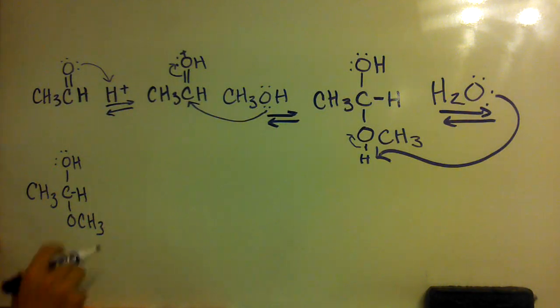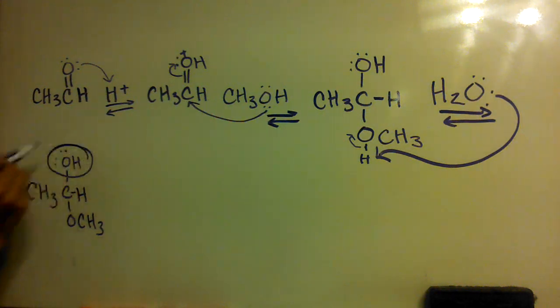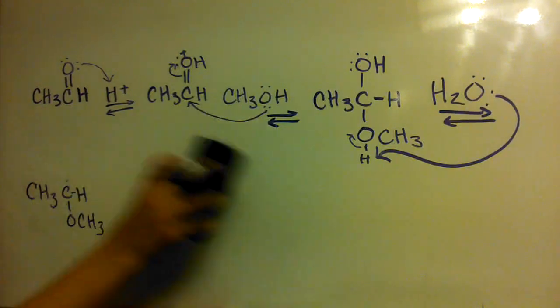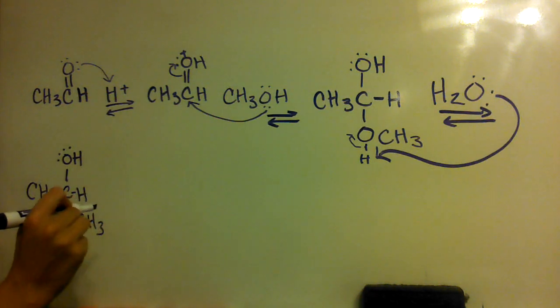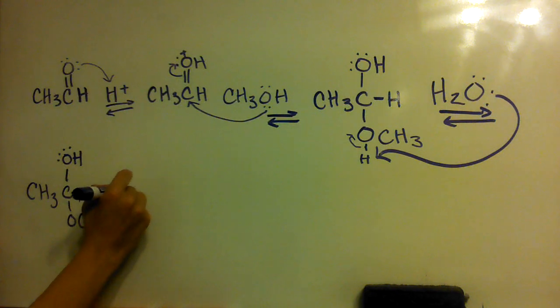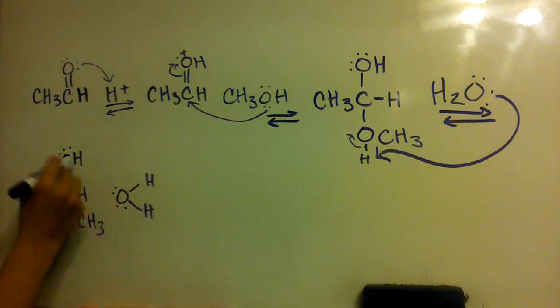So in order to do that, we need this OH group here to leave. This has got to go. So we're going to make that leave. We're going to do that by protonating it, because an OH group by itself is not a good leaving group. However, an OH2 is a good leaving group. So we could show our water also in this structure.